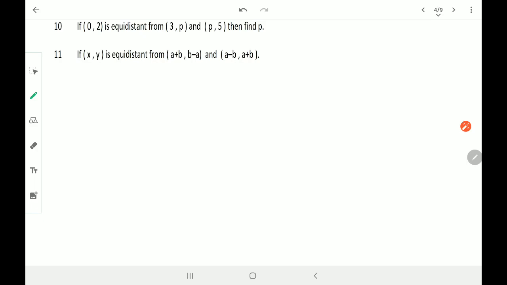Let's see the next question. Even this is a similar kind of question, similar category, but only thing is that the variable is at another place. I'm talking about the 10th question. A (0, 2) is equidistant from B (3, p) and C (p, 5). So I know that AB is equal to AC.